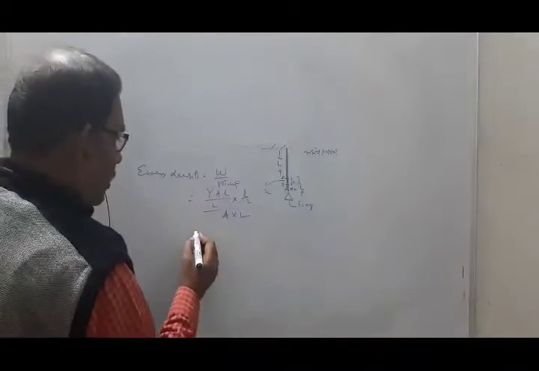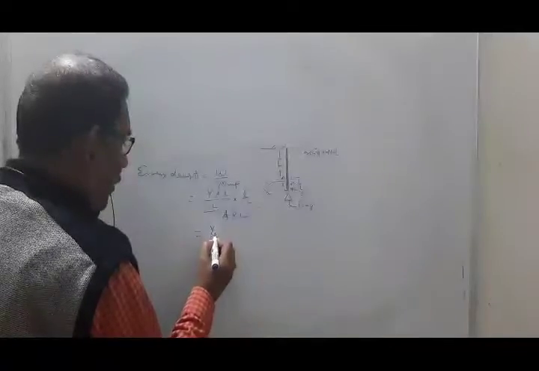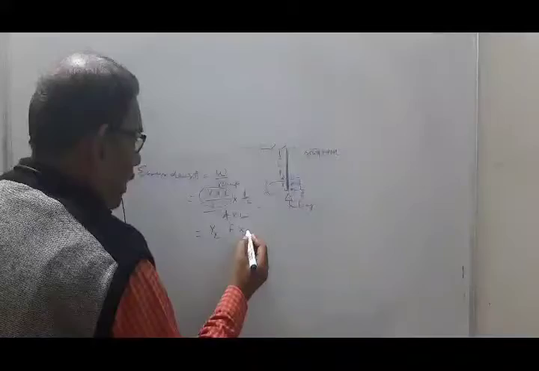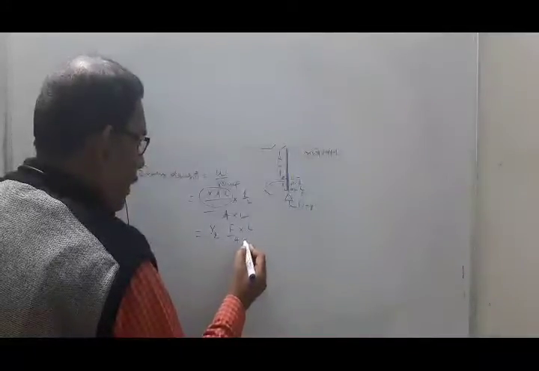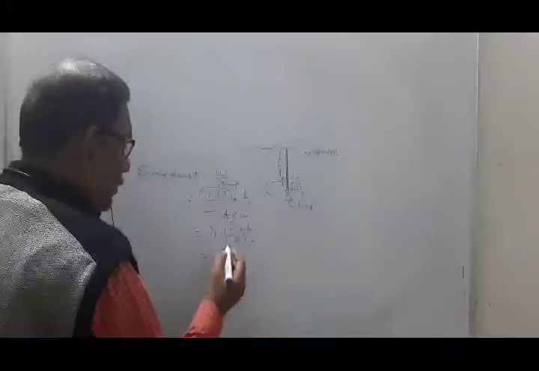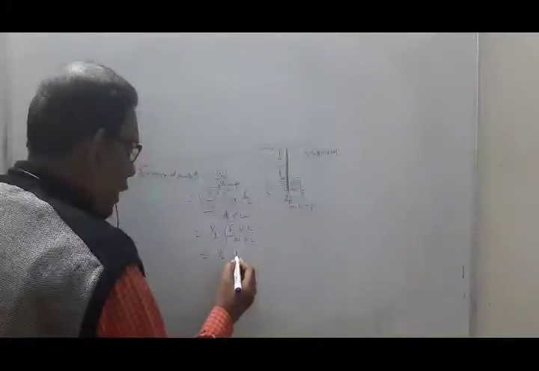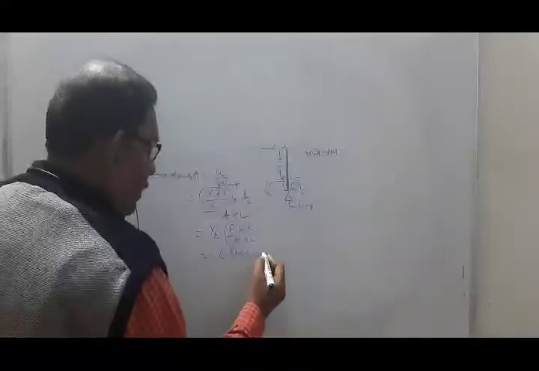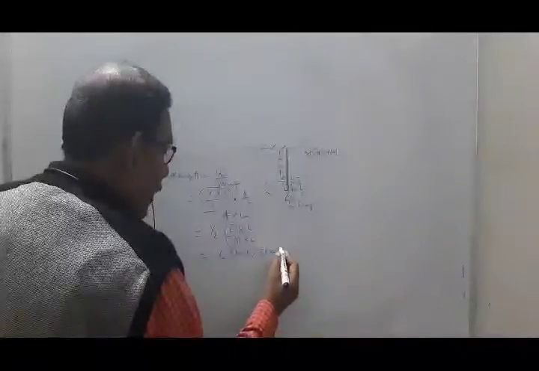The equation became half, this value is F into l by A into L. This is your stress, F by A, and extension by original length, it is your strain.